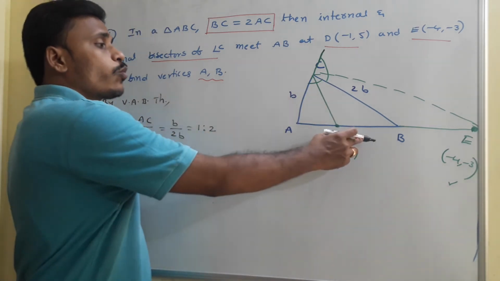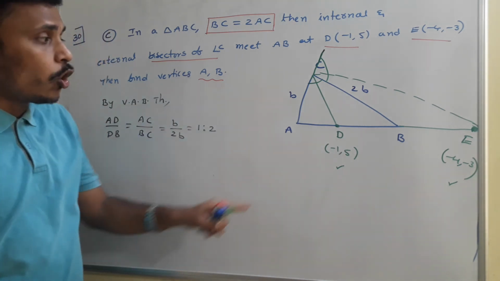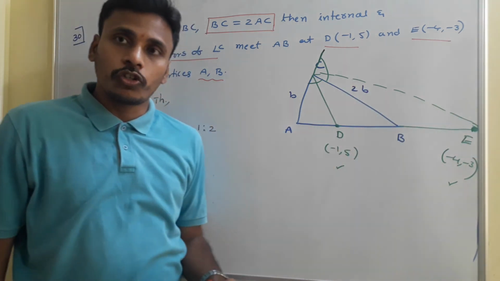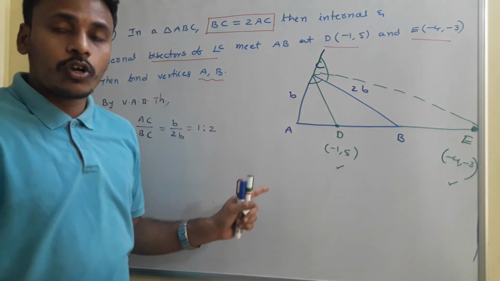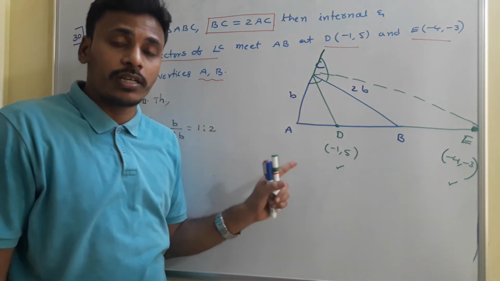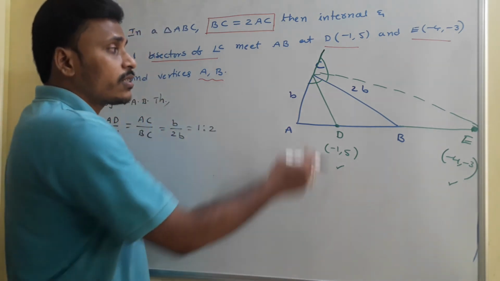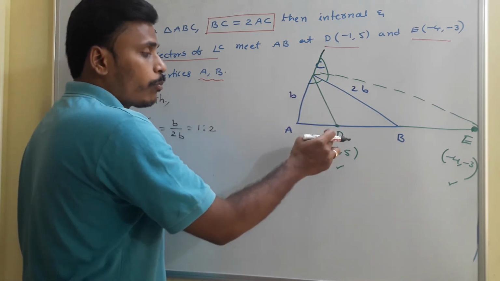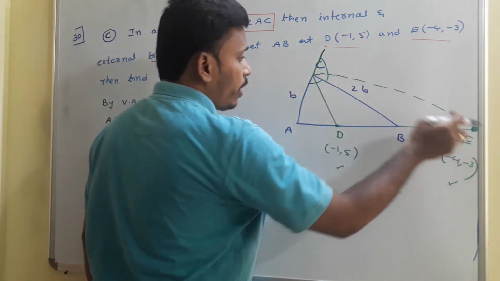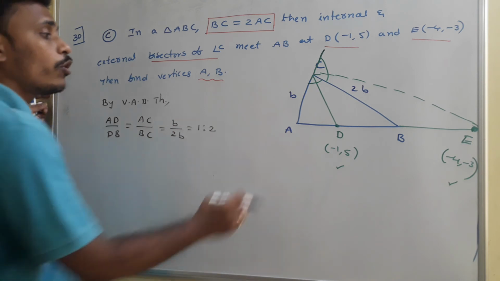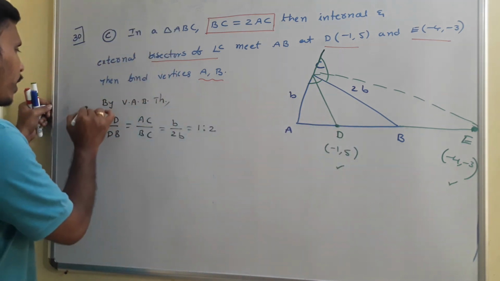Since this ratio is 1 is to 2, as we know D and E are harmonic conjugates, E also divides AB. Already I mentioned the harmonic conjugates concept. What is it? See, this internal bisector meeting point D and external bisector meeting point E are both harmonic conjugates with respect to AB.